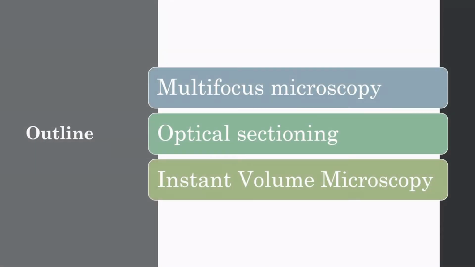So for that, we look at 2 different techniques, multifocus microscopy, to get whole volumes imaged in a single shot on a camera. But because it's unclear tissue, we also need some optical sectioning. And we combined this together into the third part of the talk, which is about the instant volume microscope then.